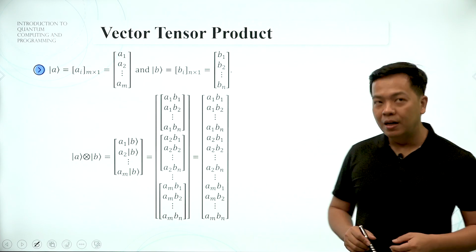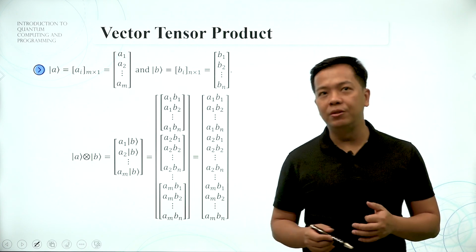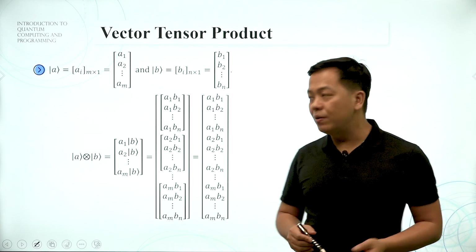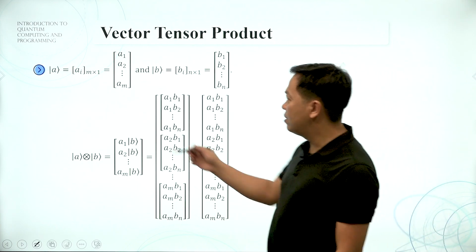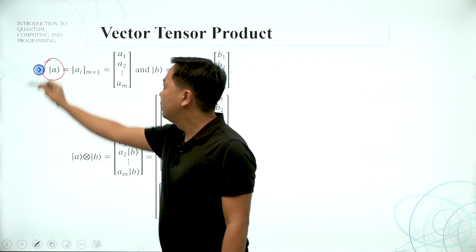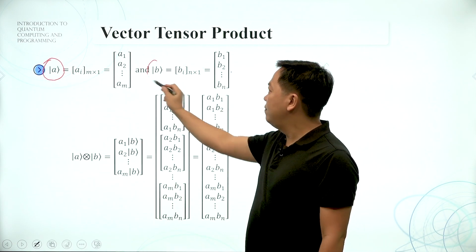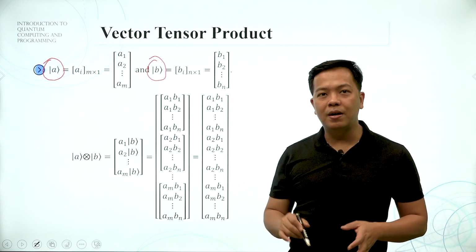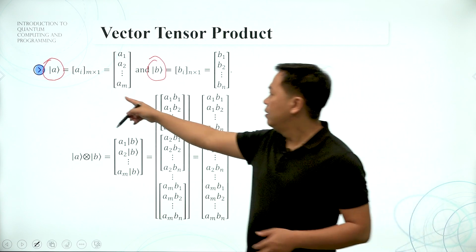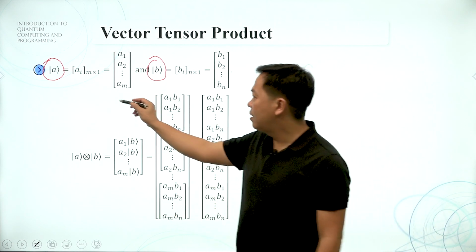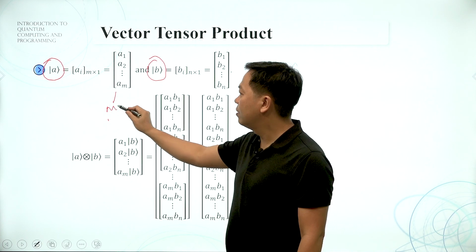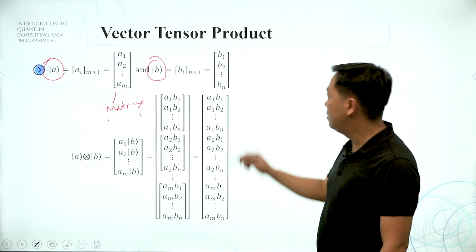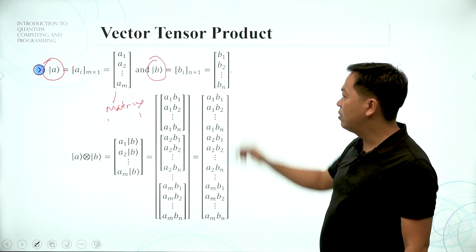What is a tensor? That is the first concept we need to clarify. When we have two vectors, this is quantum vector A and this is quantum vector B. You can represent the quantum vectors as matrices, or as this kind of vector, and you can see the values in the matrix.